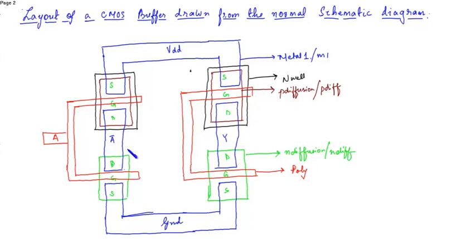Now the two inverters are drawn separately. Now you have to make a connection between these two, since we know that the output of inverter 1 is the input for inverter 2. The output of inverter 1 is a metal layer and the input of inverter 2 is a poly layer. So you can see there's overlapping between the metal and the poly, so we have to place a contact.